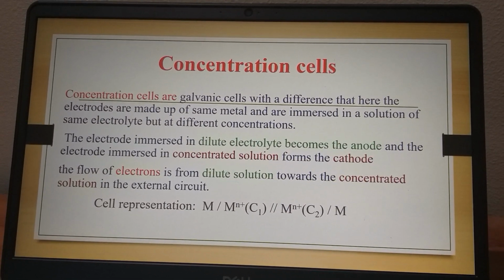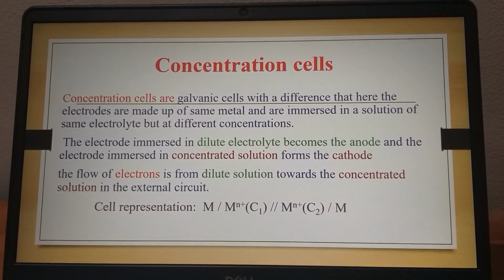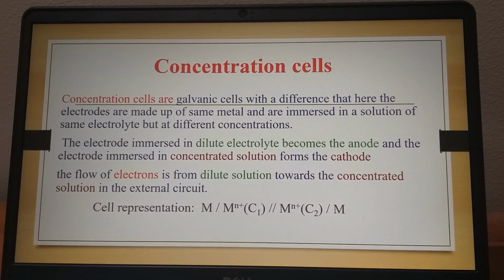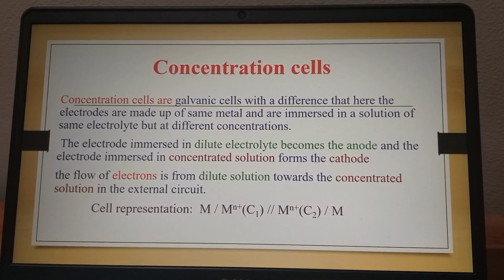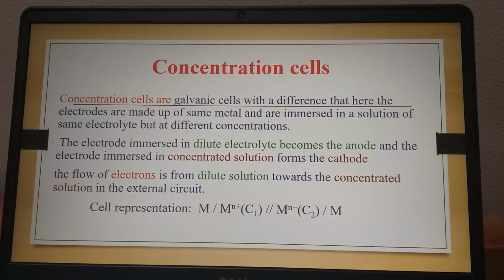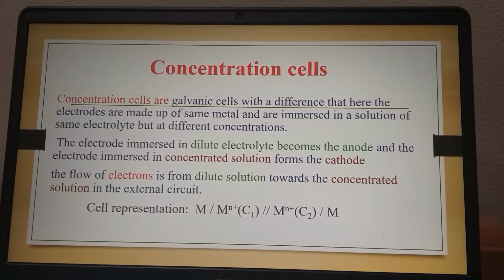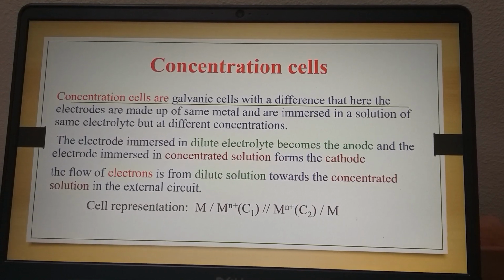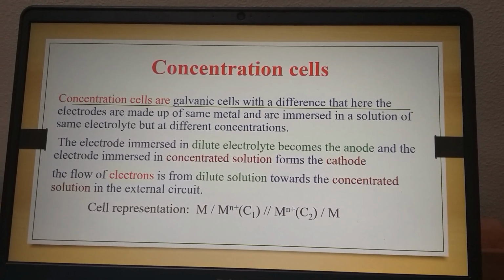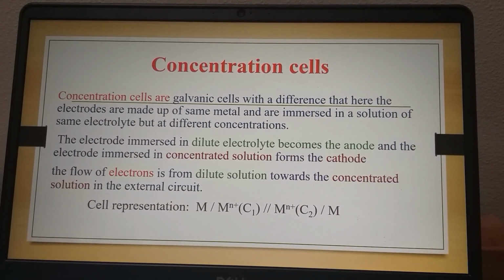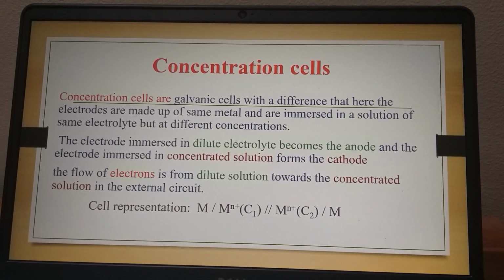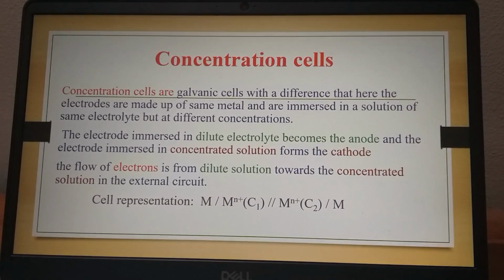Say if we take a zinc electrode, then we will write the cell representation of the zinc concentration cell as Zn, Zn2+ with the concentration of Zn2+ ions, salt bridge, again Zn2+ ions and their concentration, and then zinc metal.